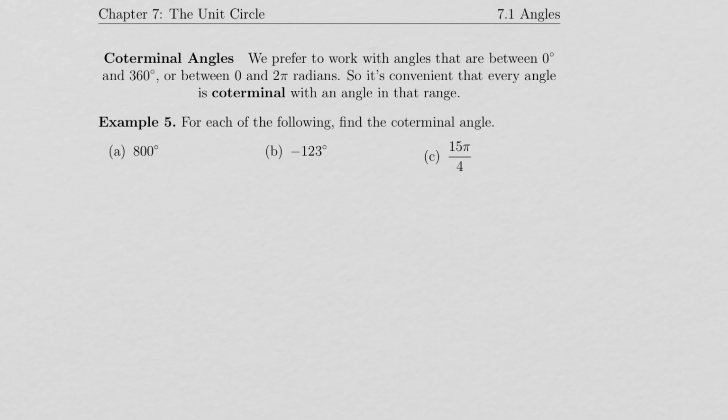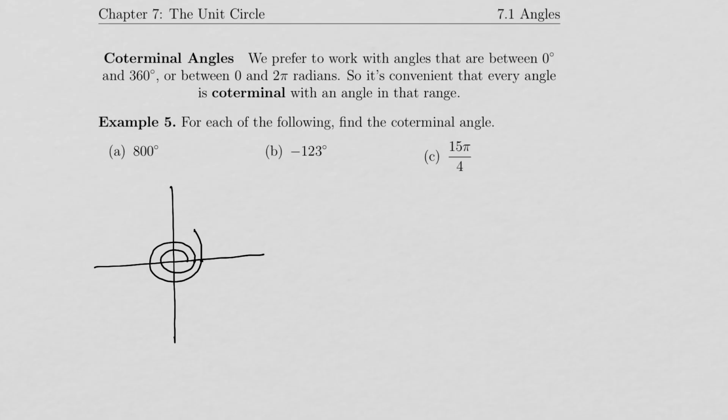So, for example, if I have 800 degrees, what does that mean? First of all, I'm going to draw a picture here. So I have my coordinate system. Since it's positive 800, that means I'm going to start at the positive x-axis and rotate counterclockwise. To get to 800, I need to go around once, that would be 360, around another time, that would be 720, and then another 80 degrees.